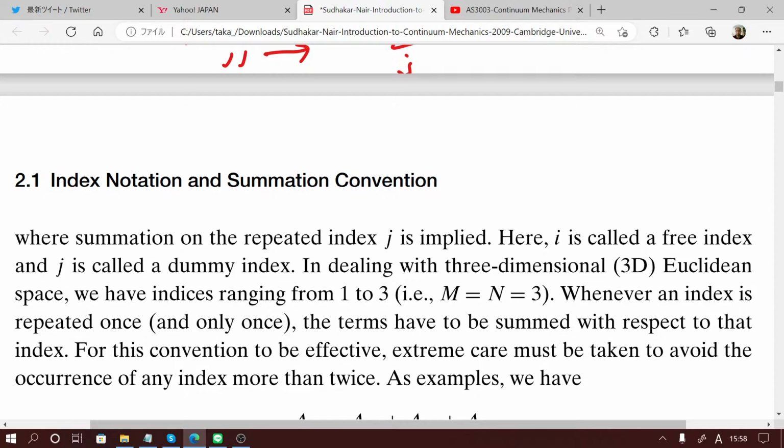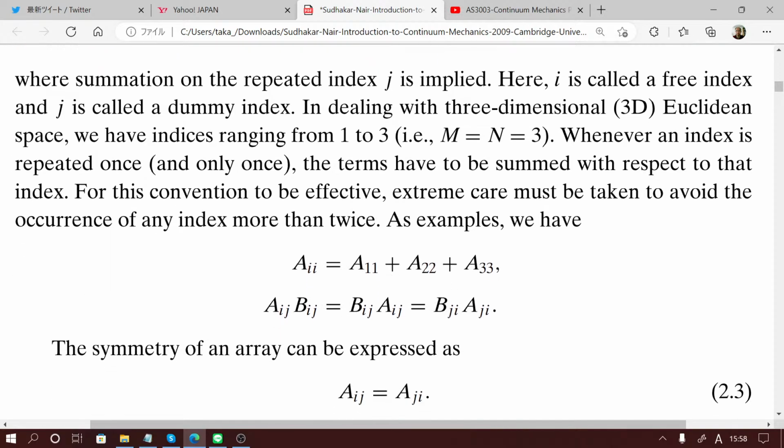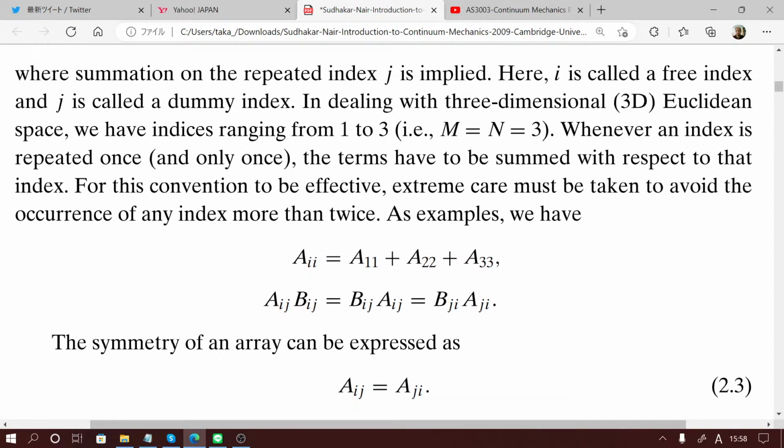In dealing with three-dimensional Euclidean space, we have indices ranging from 1 to 3, m equal n equal 3. Whenever an index is repeated once, and only once, the term has to be summed with respect to that index. For this convention to be effective, extreme care must be taken to avoid the occurrence of any index more than twice.